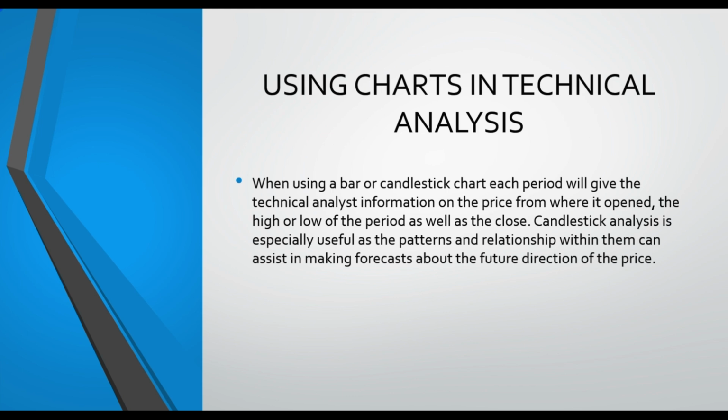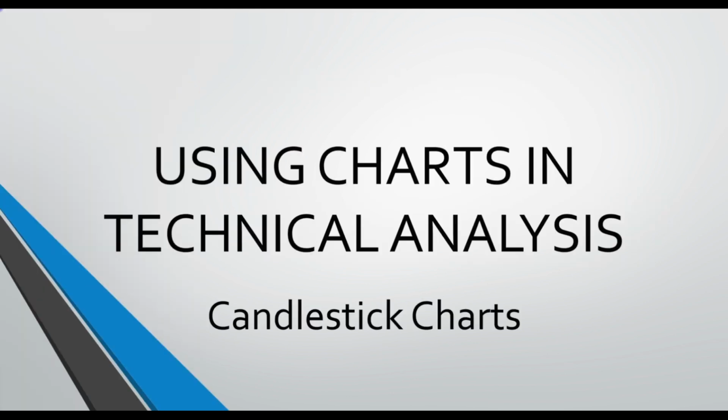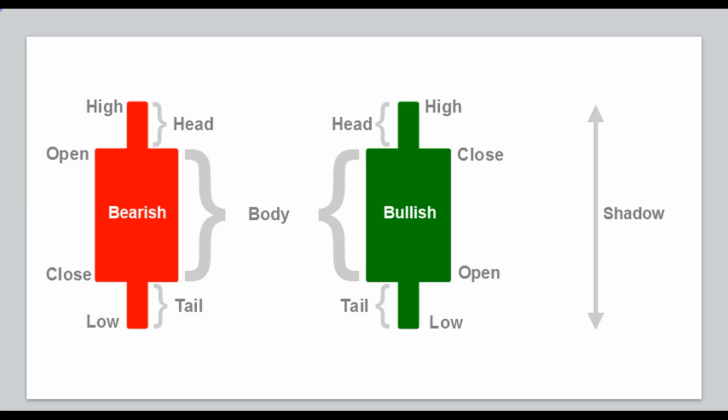When using a bar or candlestick chart, each period will give you the technical information on the price from where it opened, the high, the low for that period, as well as where it closed. Candlestick analysis is especially useful as the patterns and relationships within them can assist in making forecasts about future direction of price. So candlesticks, like I said, are by far the most popular.